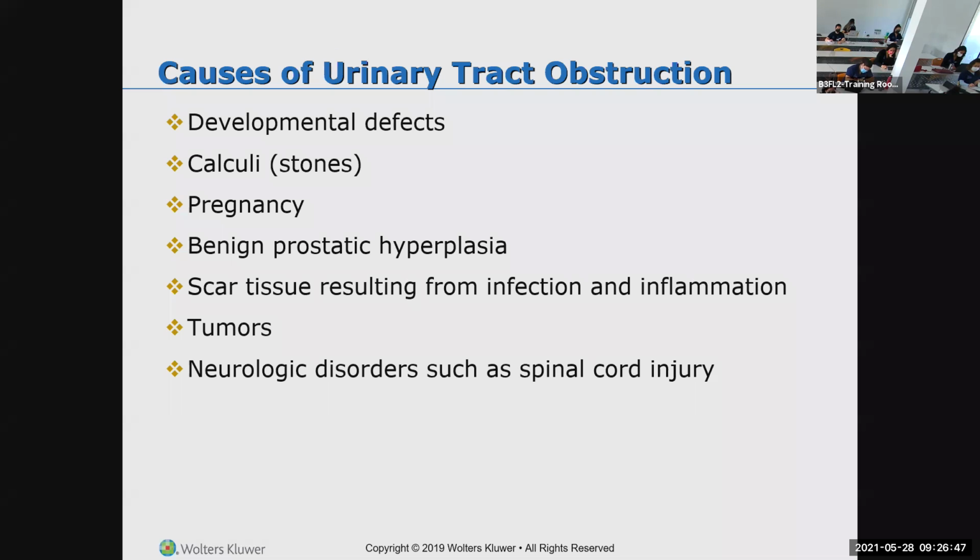Please remember, in male, benign prostatic hyperplasia, 60 up, most of the male, they do suffer from prostatic hyperplasia. Or on TV, if you look at that one, they say BPH.